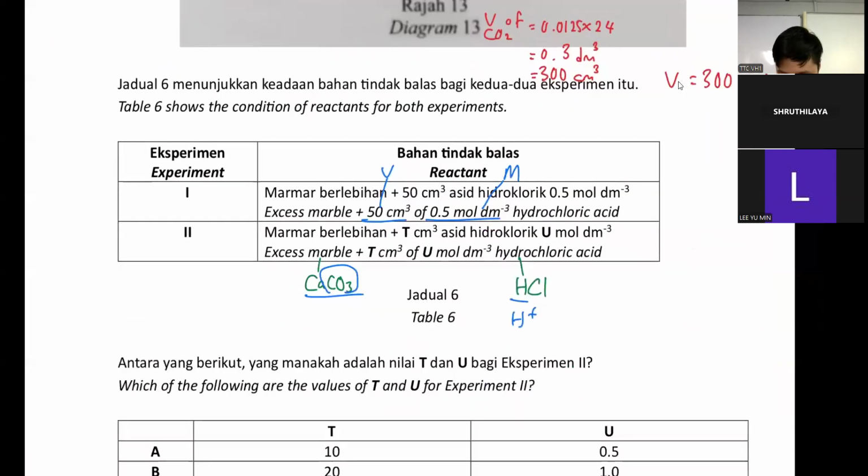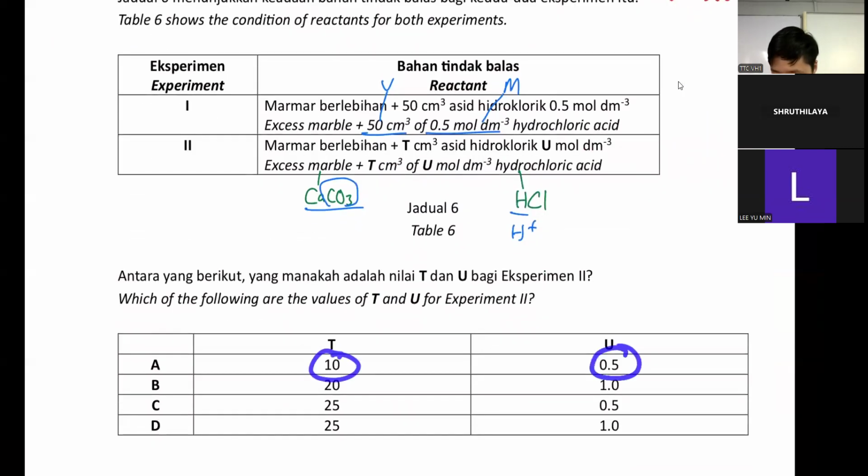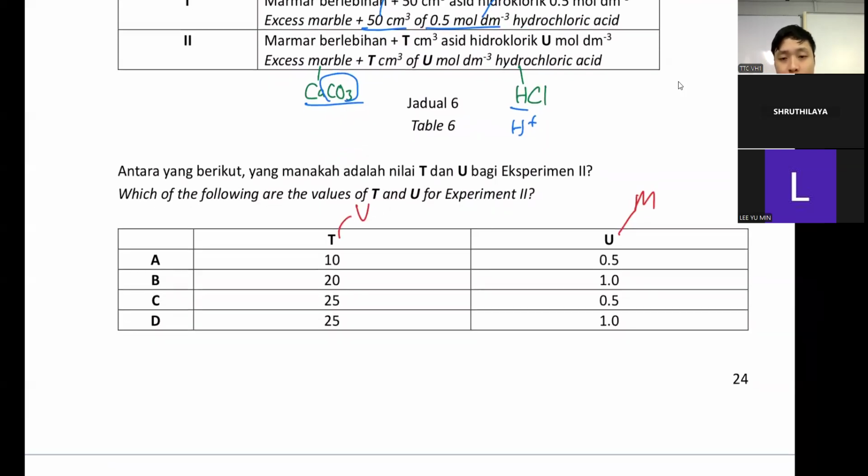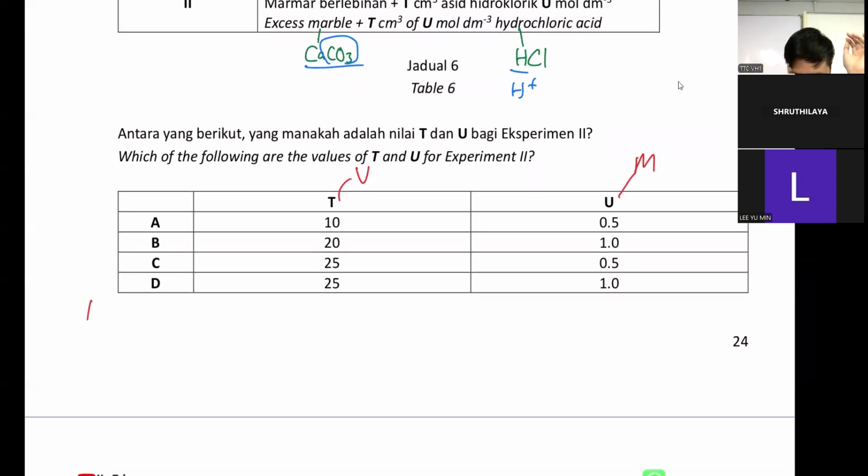So you see, I use, because this one is M, this one is V. So let's say I use A. You just see properly. This one is going to be a very long question. Okay, I do shortcut. So A: 0.5 times 10 divided by 1000.